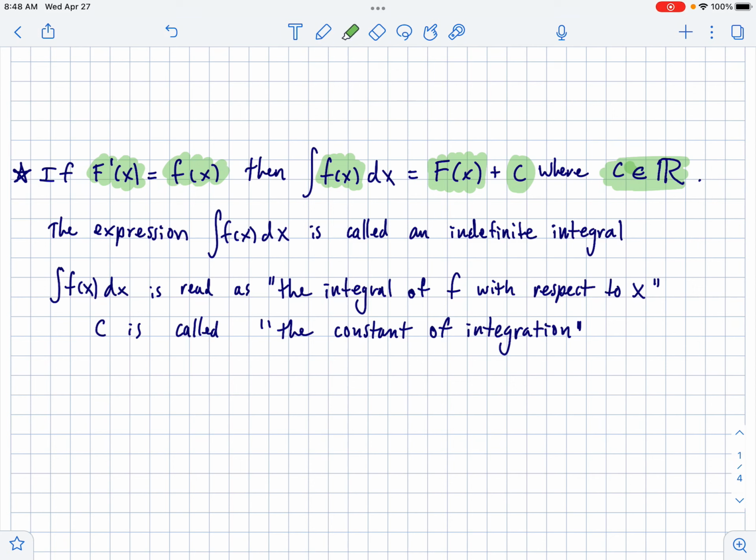Notice that there are no numbers on the top and the bottom. The indefinite integral of f of x dx is read as the integral of f with respect to x. And that c you put on the end is called the constant of integration.